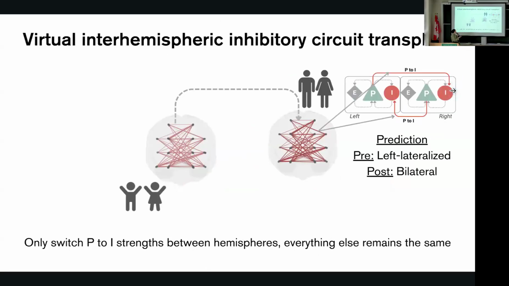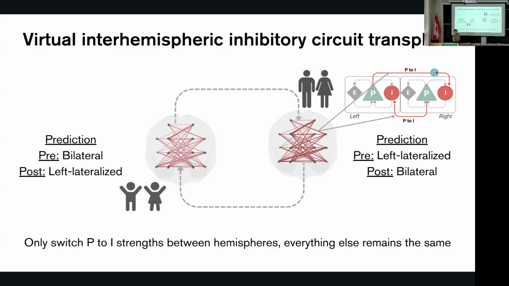To actually test this, we take the interhemispheric inhibitory circuits of the young children and transplant them, through what I call a very virtual interhemispheric inhibitory circuit transplant, into the adolescents, hoping that that would make them bilateral. And vice versa, we take the adolescent inhibitory circuit and transplant it into the young children, hoping that it would make them lateralized.